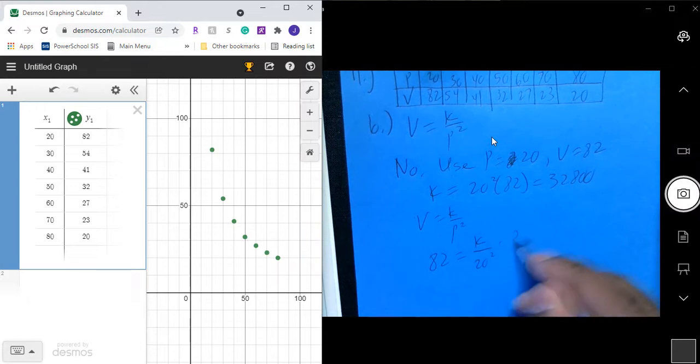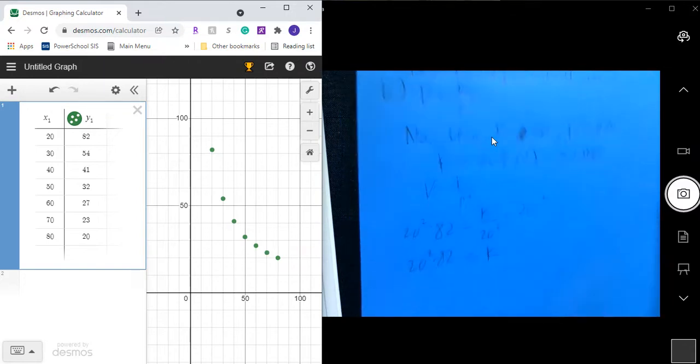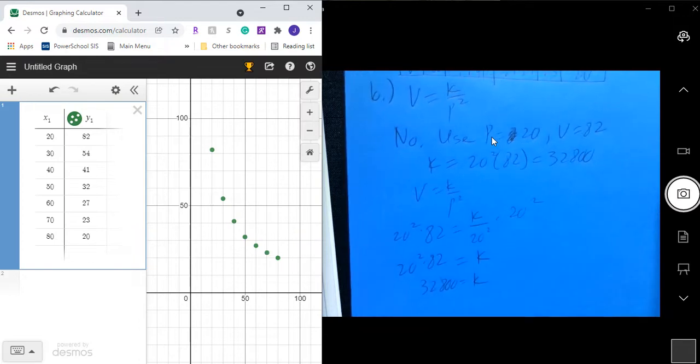So we will have to multiply each side by 20 squared, which is 400. So we have 20 squared times 82 is equal to K. We already figured out that 32,800 is equal to K. So now we have V is equal to 32,800 over P squared.